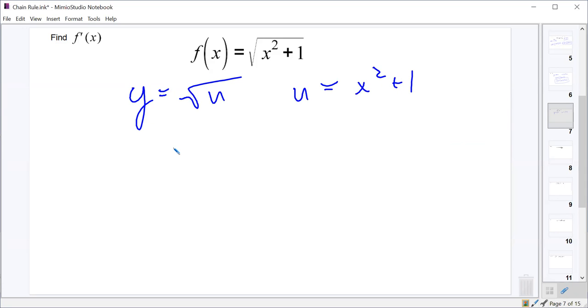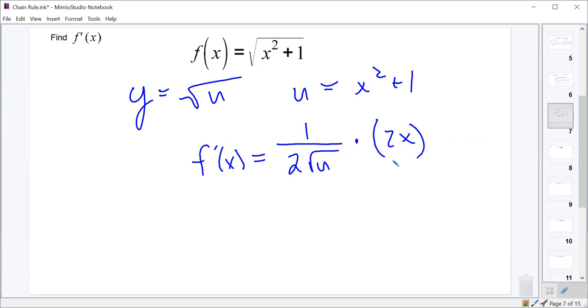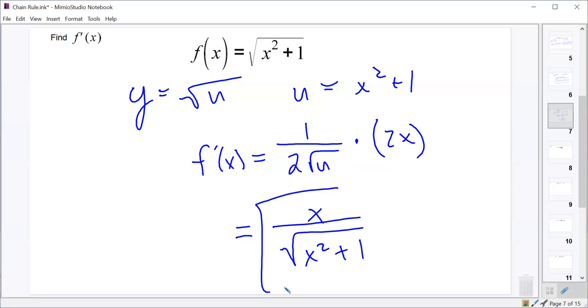That's one I told you guys to memorize, right? One over two root u. 1 over 2 root u times just 2x, right? And the 2's will cancel, and we end up with x over root u, or x over root x squared plus 1. Any questions or problems with that? Everybody good there?